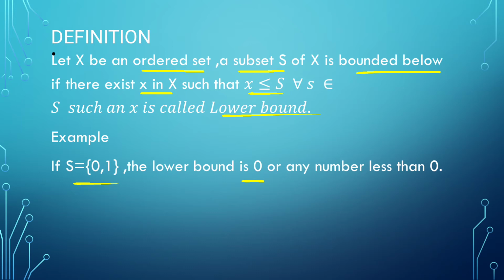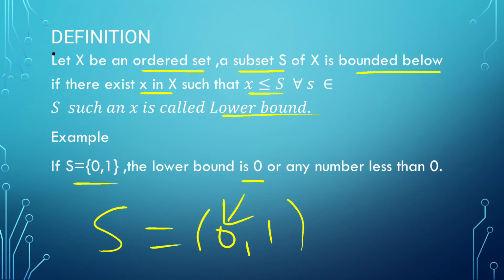If instead S is open at 0, like that, there is a possibility that there is an element in this set smaller than 0, which would again be a lower bound. But if it's not there, it means this 0 is the lowest, the lower bound of this set.